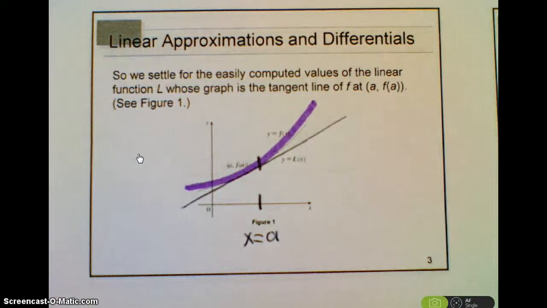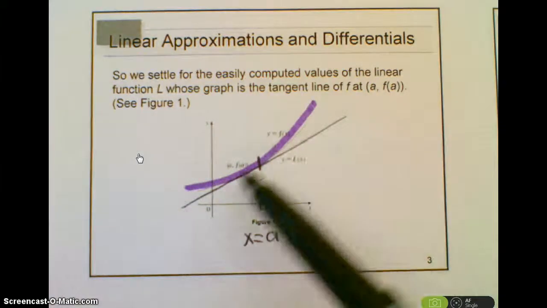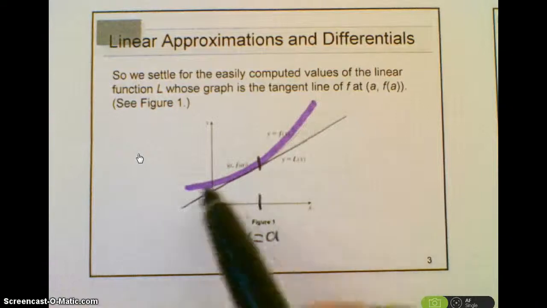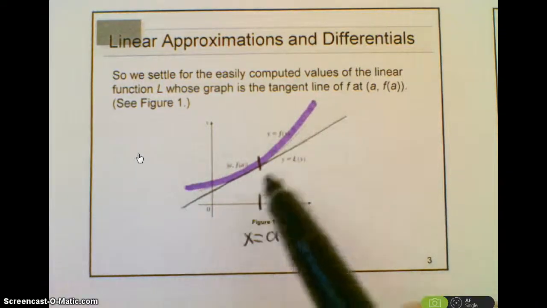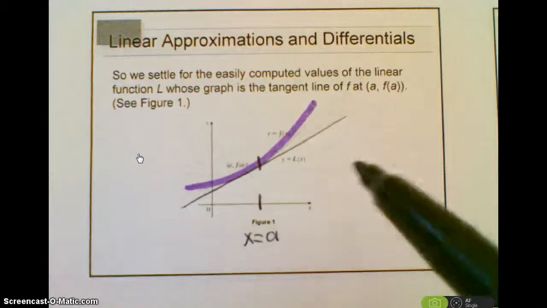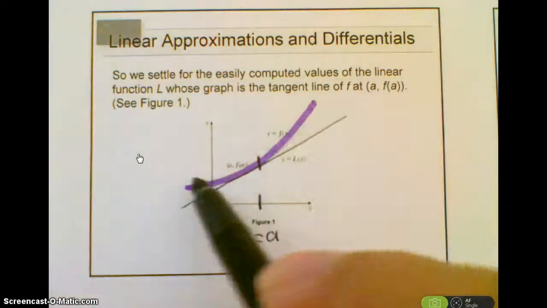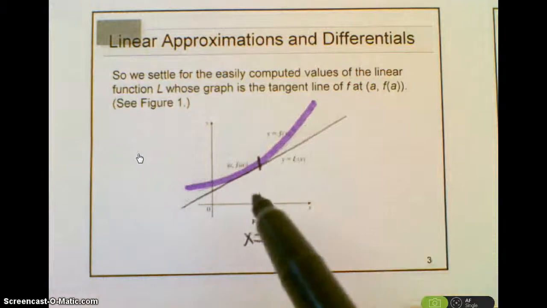If I zoom in on the calculator a lot of times, this function, from whatever it may come from, sine of x or anything crazy like those rational functions, ultimately it's going to start behaving like a line.